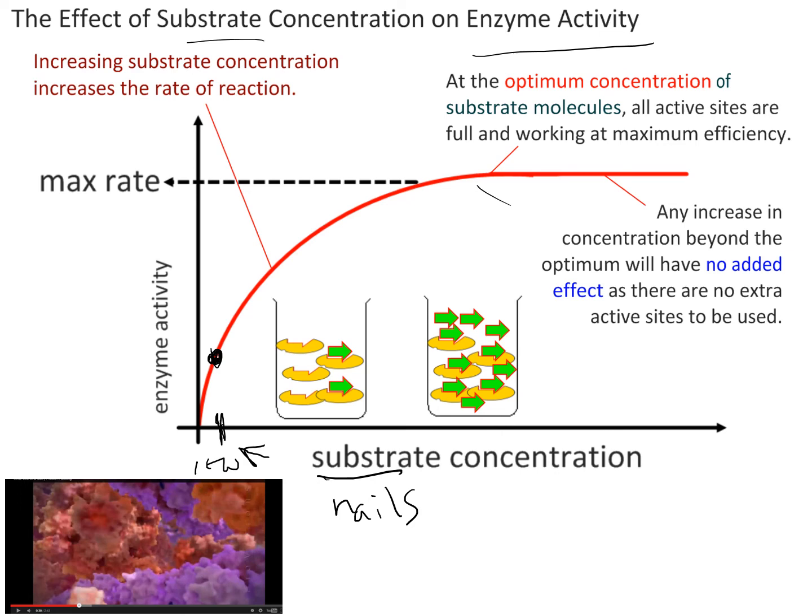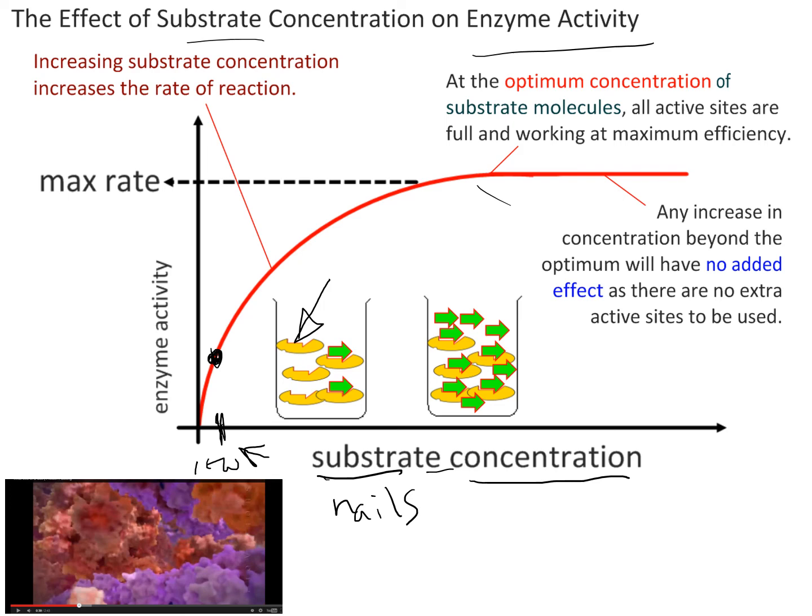Same thing for an enzyme, the yellow one here. The enzyme may bind to its substrate and catalyze a reaction, but then the concentration of substrate is so low that it takes a while for another substrate molecule to randomly diffuse into the active site and have another reaction catalyzed.